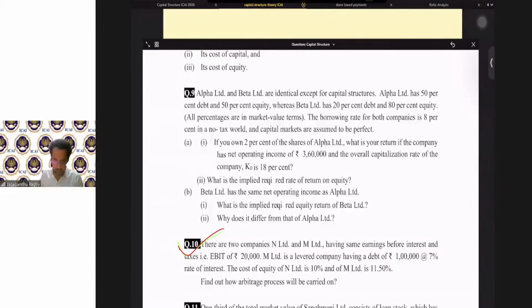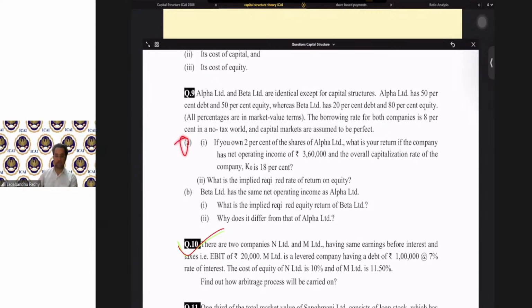Both these companies are identical except for capital structure. Alpha Limited has 50% debt, 50% equity, whereas Beta Limited has 20% debt and 80% equity. So capital structure is different for both of them. All percentages are in market value terms. The borrowing rate for both companies is 8% in no tax world. And capital markets are assumed to be perfect.